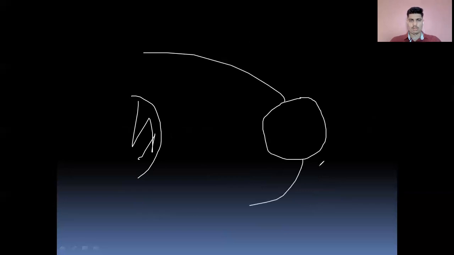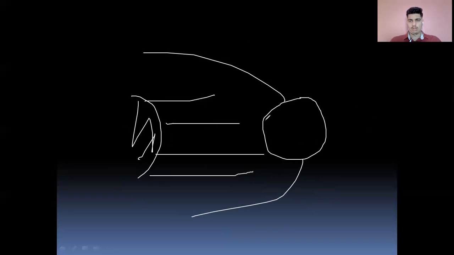This is its path. So rays coming from the Sun will be only on the half of Earth. So at this time, in this whole part we will have day, while in this whole part we will have night.